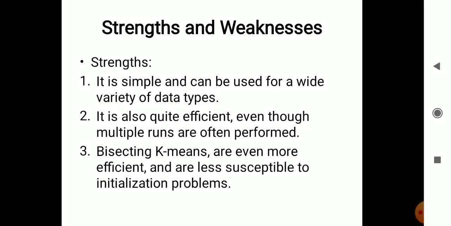And coming to bisecting K-means, it is even more efficient. It is an extension of the K-means algorithm, and even then it is more efficient, and it is less susceptible to initialization problems. These are the different strengths of the K-means algorithm.